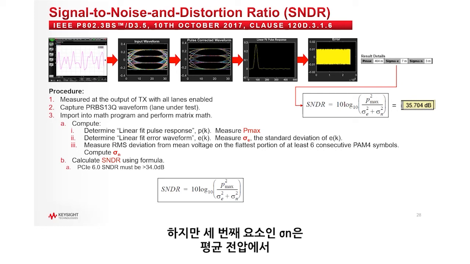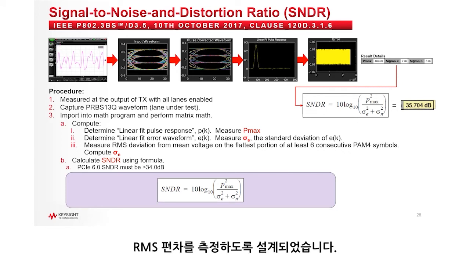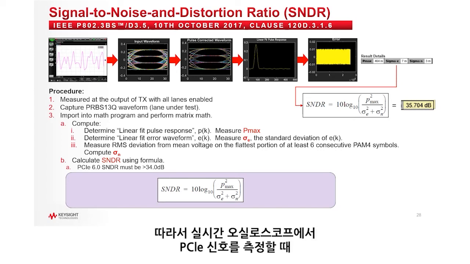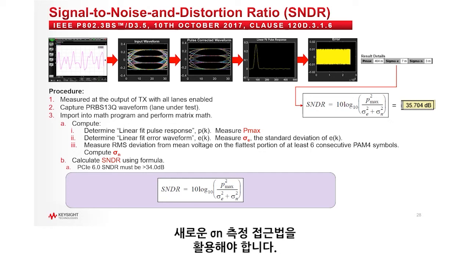However, the third portion, which is sigma N, is designed to measure the RMS deviation from a mean voltage. And this can be substantially influenced by the noise floor of the oscilloscope. So this requires that we take a new approach to measuring sigma N when measuring a PCI Express signal on a real-time oscilloscope.